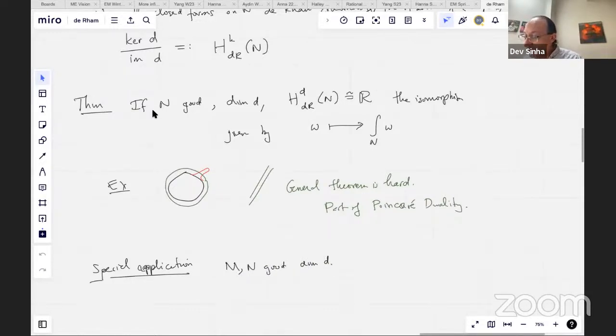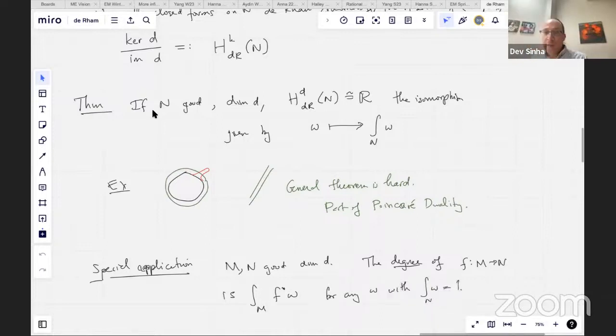Then what we're going to do is say the degree of some map from M to N is going to be the integral over M of the pullback of omega for any omega with total integral 1 over N. So take my favorite volume 1 form and pull it back, and that's going to be the degree.